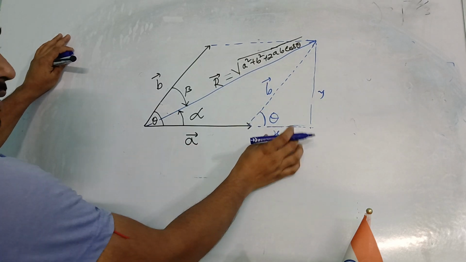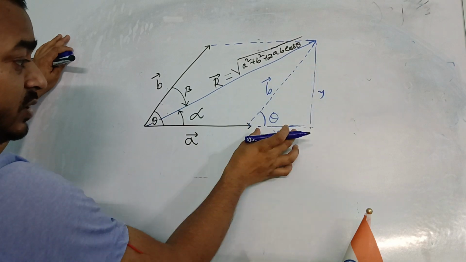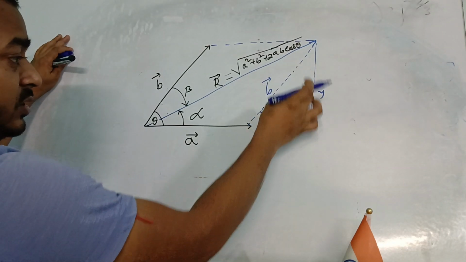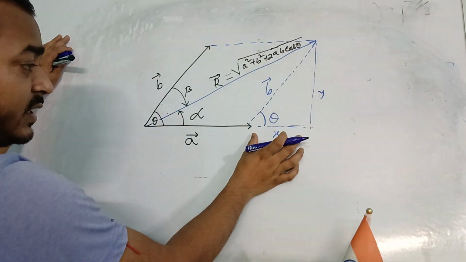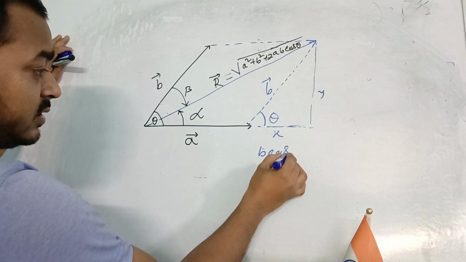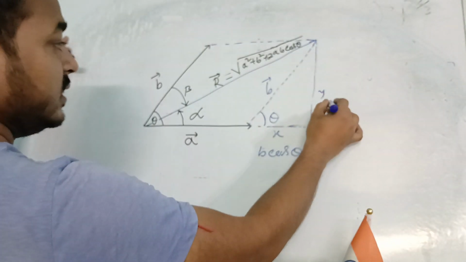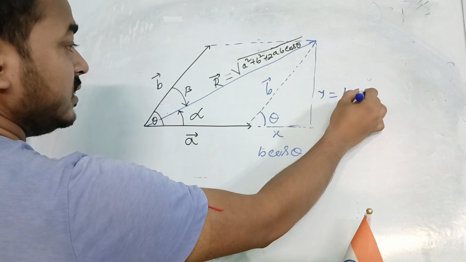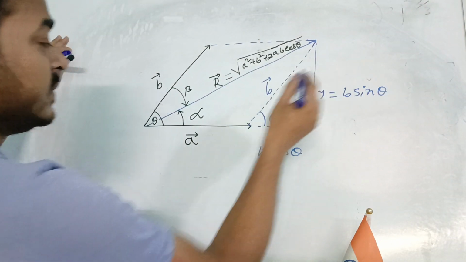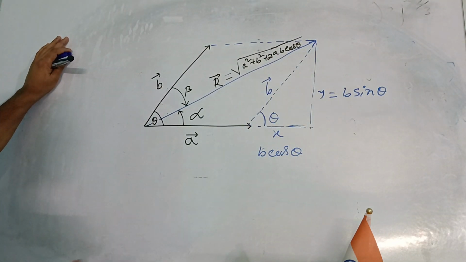B is known, the hypotenuse is known, the angle is known, and we want to find the base, so x equals B cos theta, and y equals B sin theta.